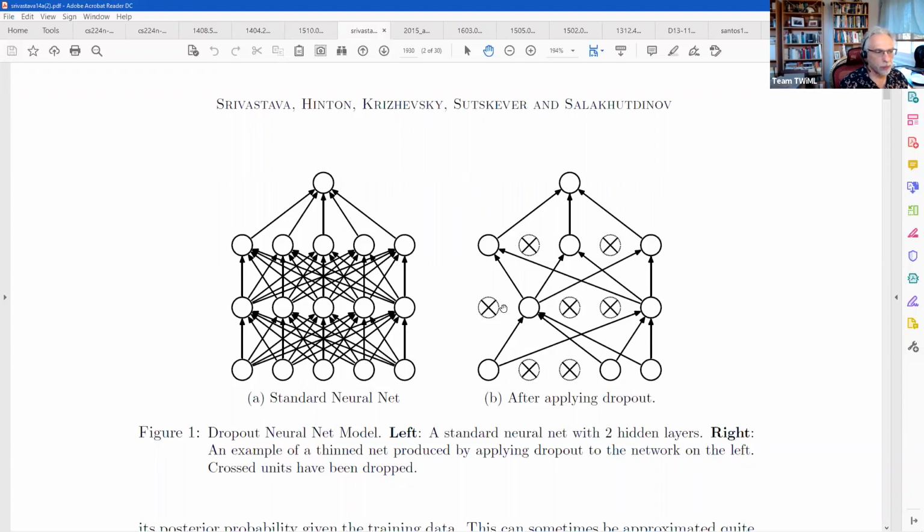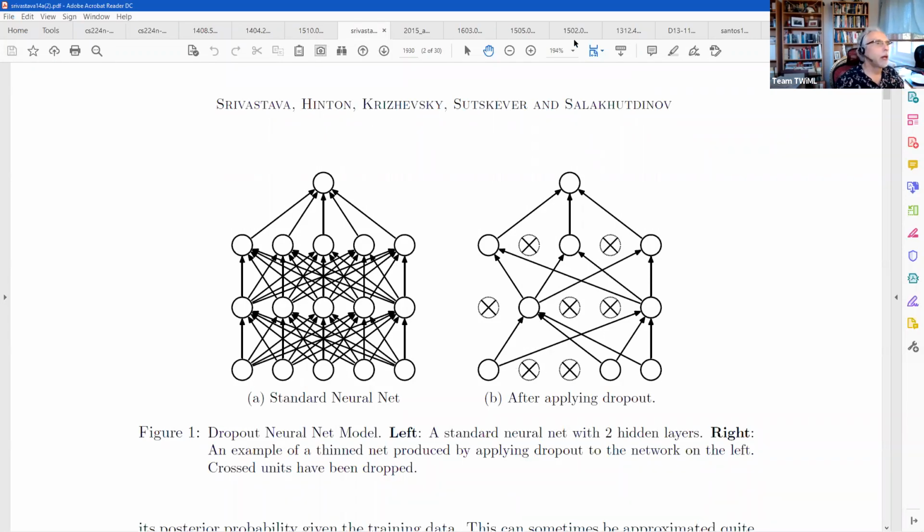On the second layer, you dropped 3 of the 5, and on the third layer, you dropped 2 of the 5. This is just from drawing those Bernoulli random variables. The other weights are set to 0, so the average weight is reduced by 0.5. And so you have to reduce the weights by this factor of p, which in this case is 0.5, when you run through the predictions.